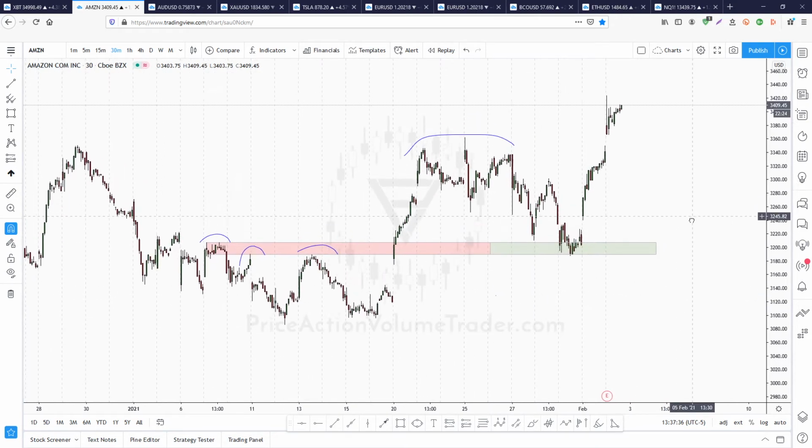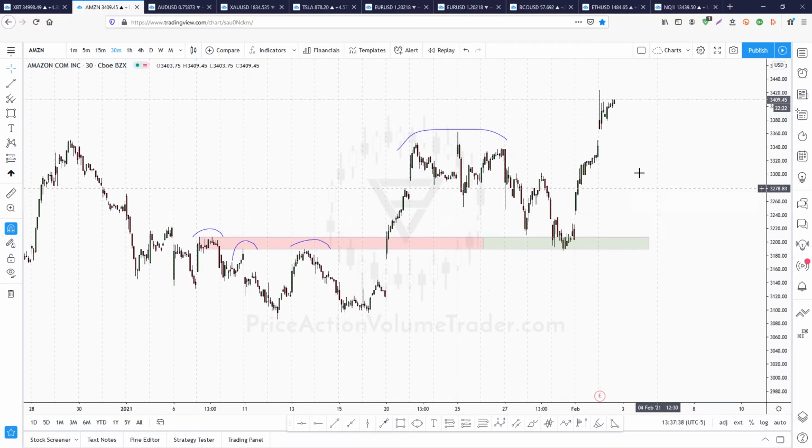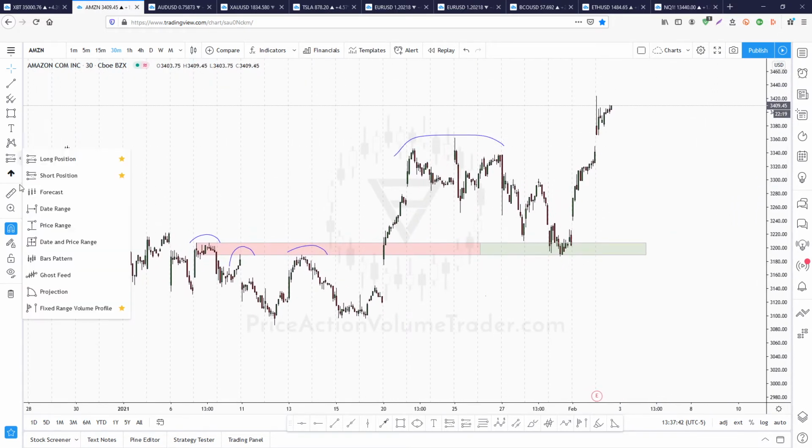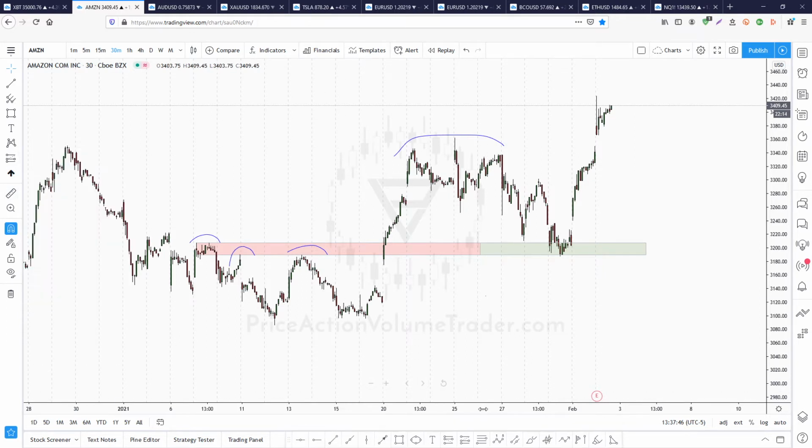And in this case, we can also use other factors of confluence. For example, Fibonacci is a great tool to use in confluence with this. And actually, if you want, I have a course on trading with price action and Fibonacci, which goes very much into detail on this.